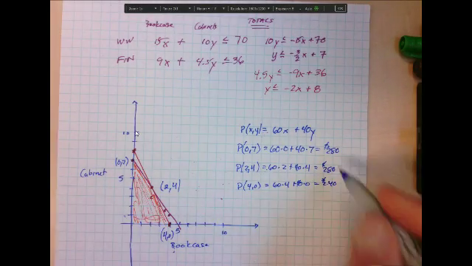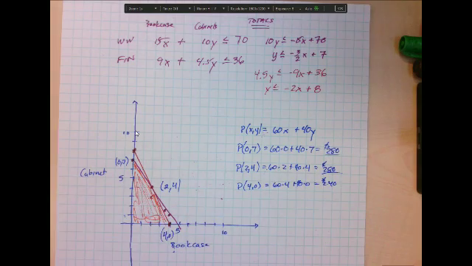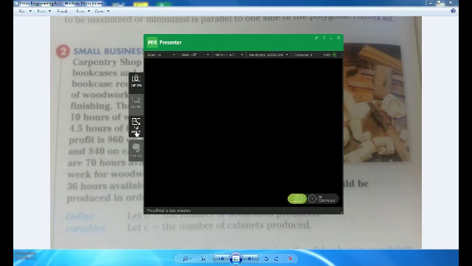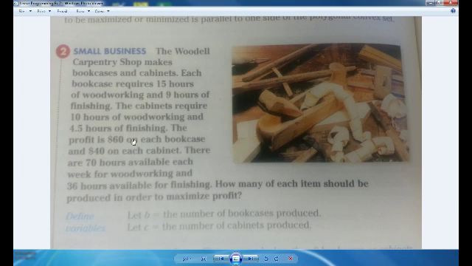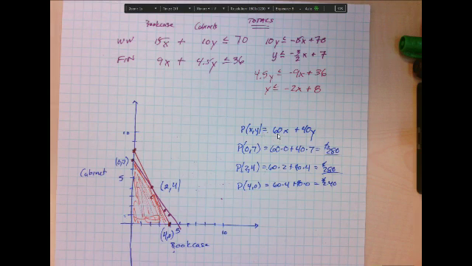Okay, so you actually get a pick, right? Lindsay, the profit is $60 per bookcase and $40 per cabinet. So $60 bookcases was x and $40 per cabinet was y.